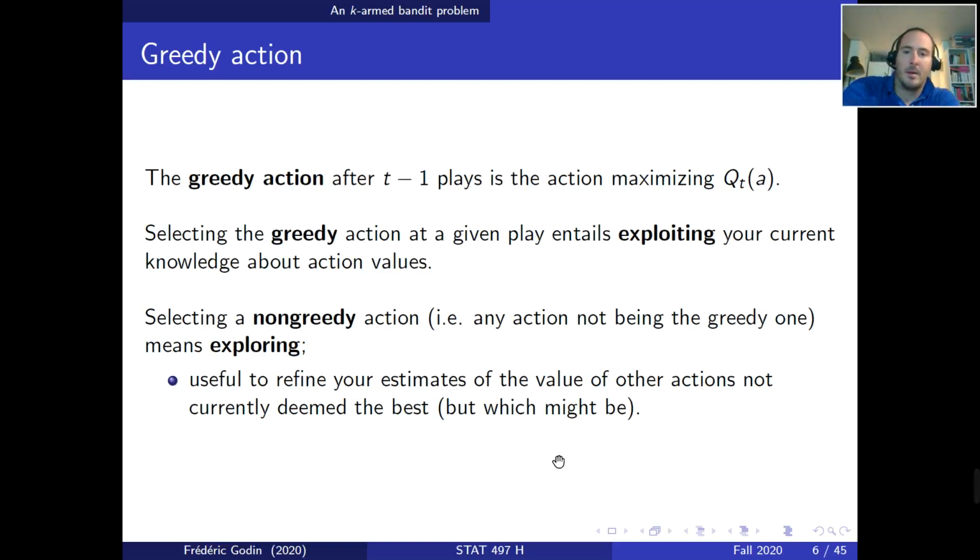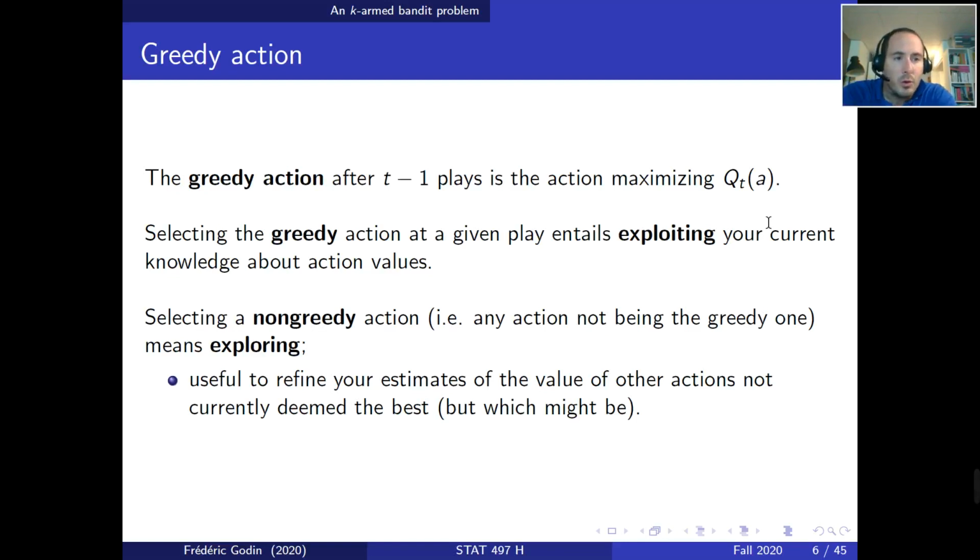Then a bit of terminology: we will define what a greedy action is. The greedy action after t minus 1 plays is selecting the action maximizing Q_t(a) at the next play t. Let's say you've played t minus 1 times, then you have to select an action for time step t.